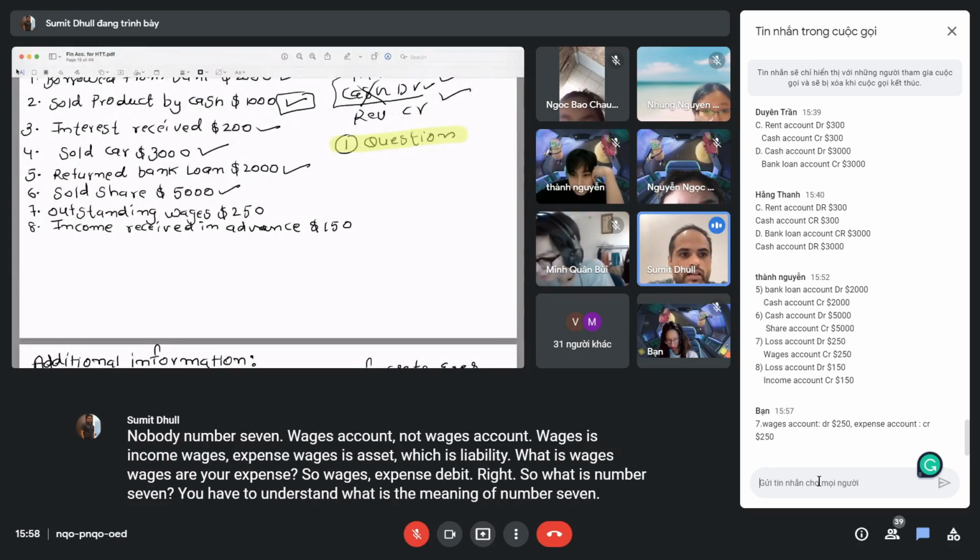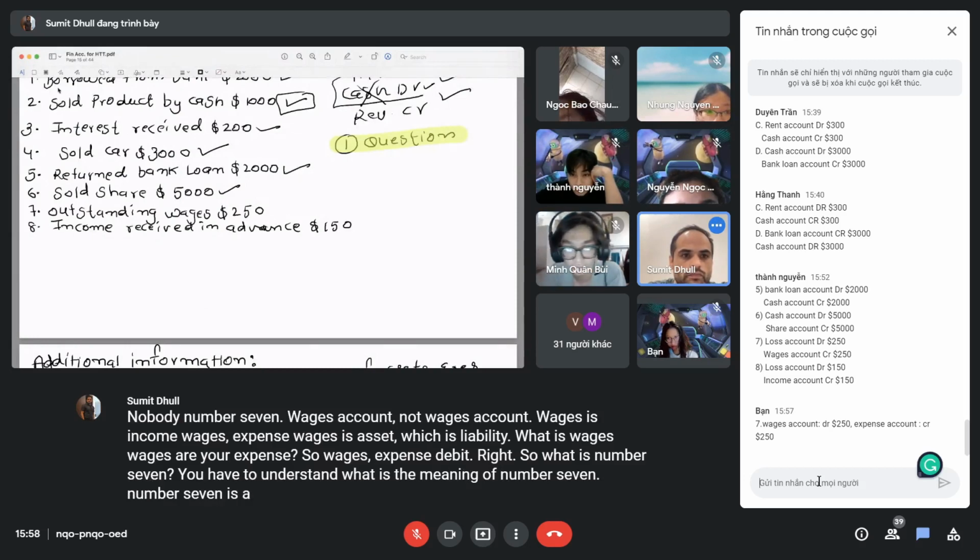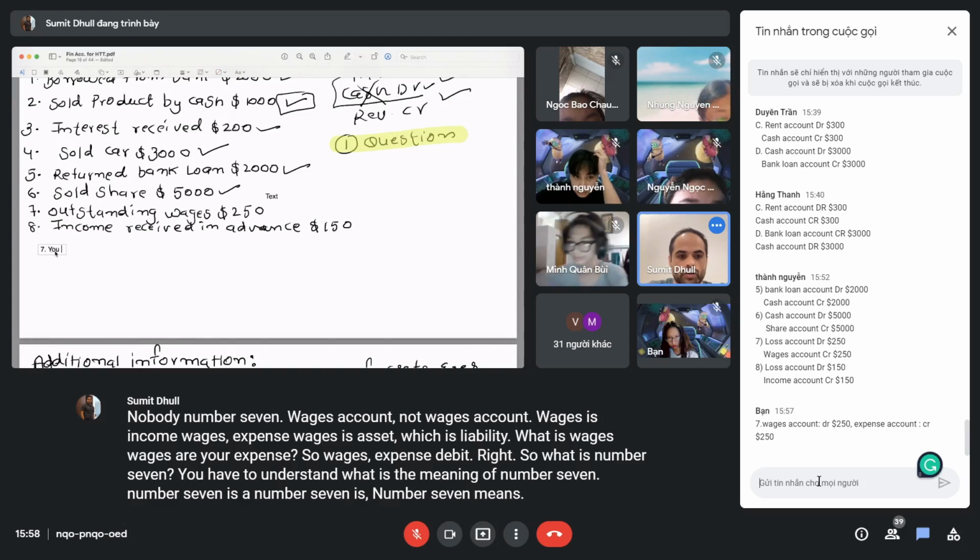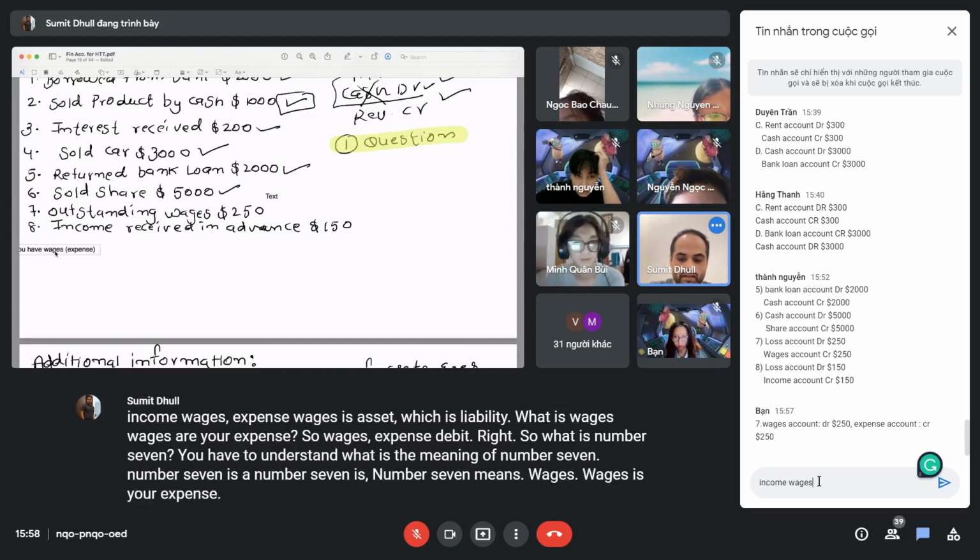Number 7 means you have wages. Wages is your expense, which you haven't paid yet.